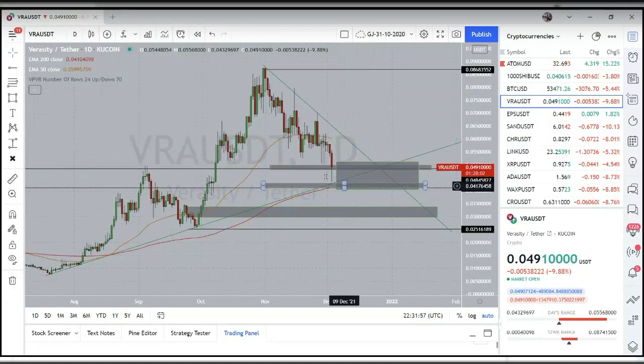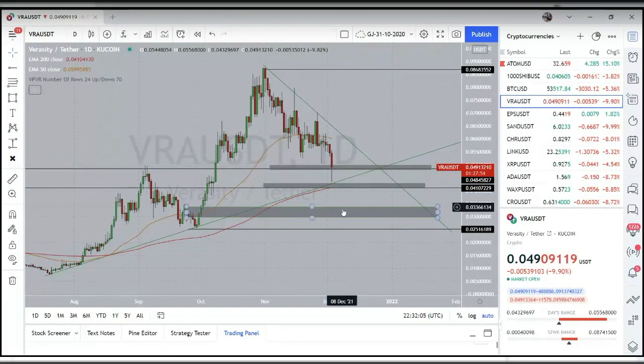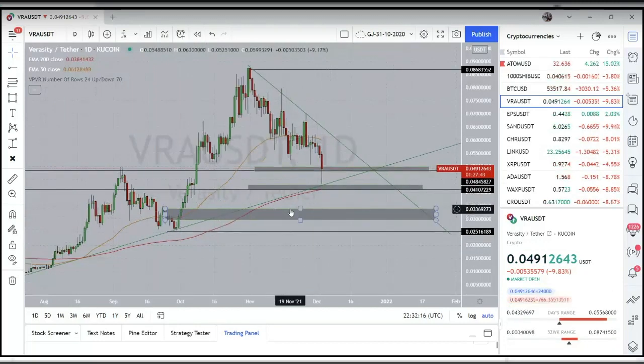As everything else is doing, it's kind of reacting off its support level. I'm just going to get rid of that. This trend line could possibly hold if we don't find more selling in Bitcoin.